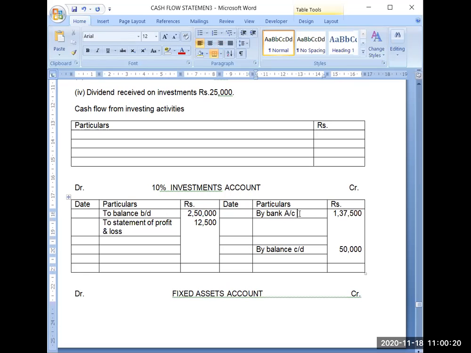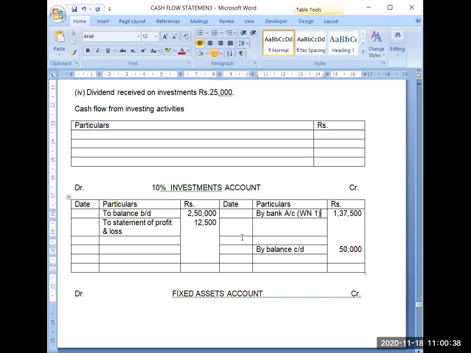You can write here working note number 1 also, so that the examiner should be clear about from where you have shown this calculation.